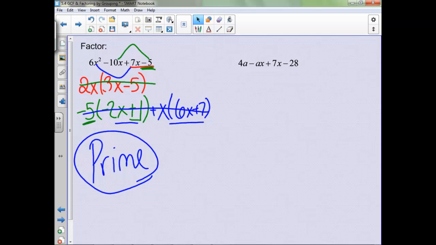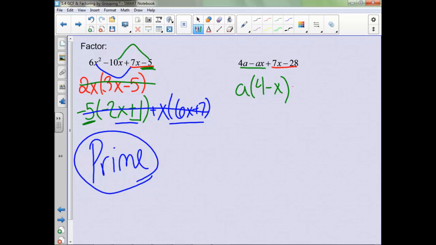Alright, let's look at this one. Well, these two have an a, so let's try that. We factor out the a, we're left with 4 minus x. In the other two, they both have a 7, so let's take out a positive 7, and we're left with x minus 4. Well, once again, they're similar, but they're off by that negative.